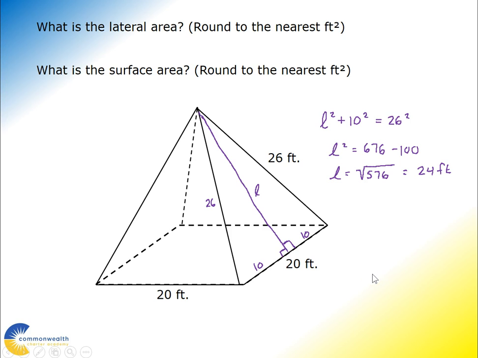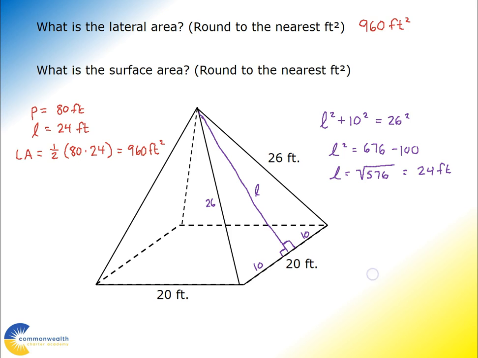So with the slant height in our possession now, I still need to figure out the perimeter of the base, which is going to be 80 feet. I need to know the slant height because the lateral area is going to be 1/2 the perimeter of the base times the slant height.